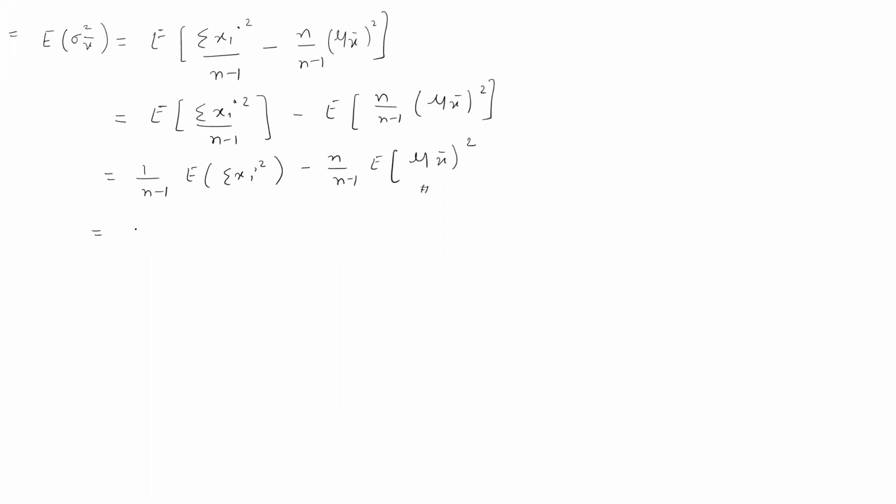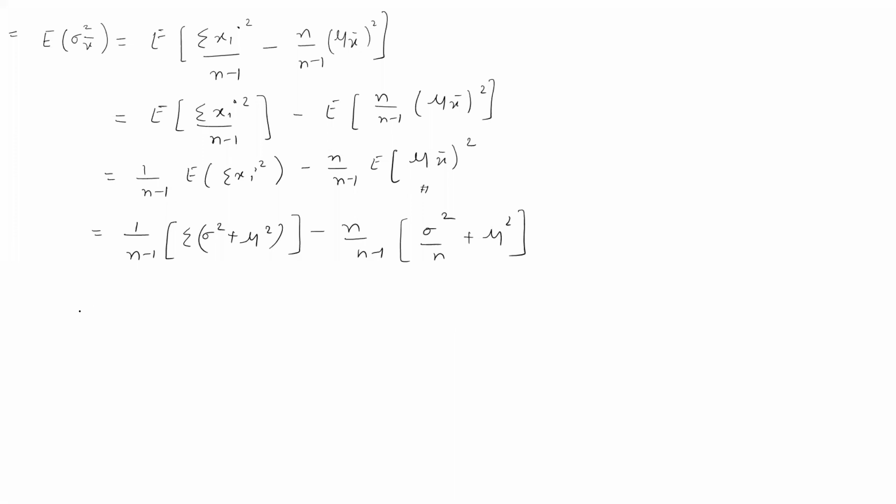All right, so this turns out to be your 1 by n minus 1 times the summation of sigma square plus mu square, minus n by n minus 1, and the expectation of mu of x bar is nothing but your sigma square by n plus mu square.